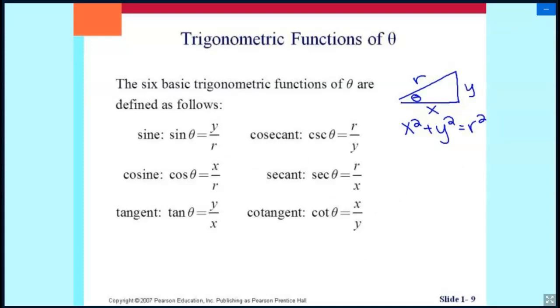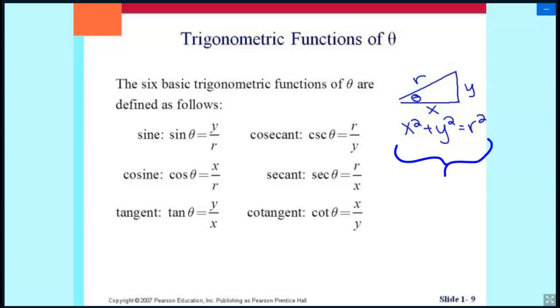The 6 basic trig functions are defined as the following. y over r for sine, x over r for cosine, and y over x for tangent. The r, when we define these functions, is representing or relating to the radius. So you'll notice over here, this is kind of like the Pythagorean theorem.